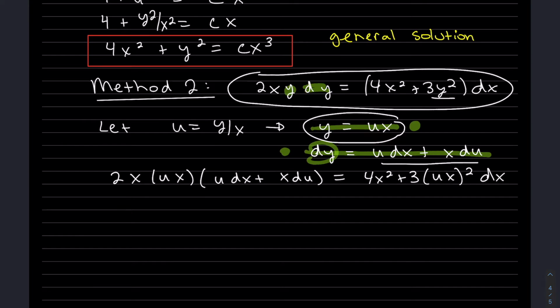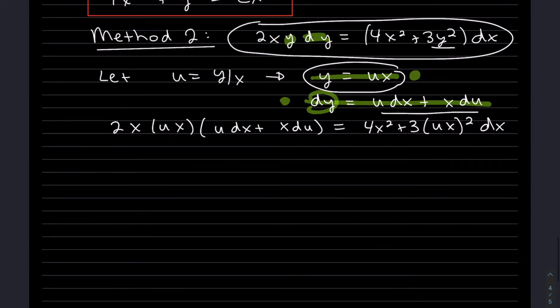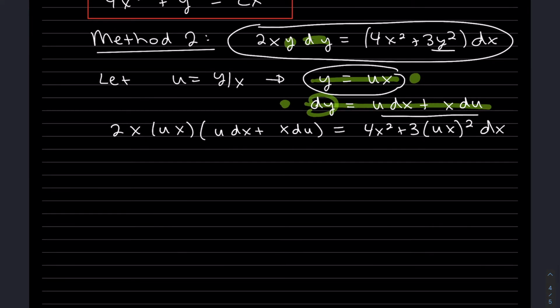So now basically all we have here is an equation with x's and u's and du and dx's. So it's just a different variable. And we can now separate and integrate and solve. So let's separate. Maybe not super easy. Doesn't look like it's separable, but it is. So let's distribute.